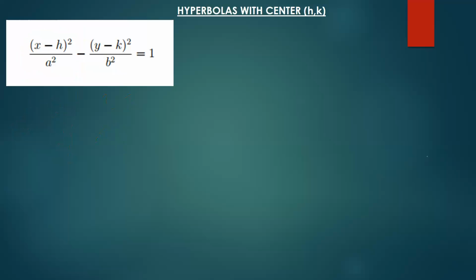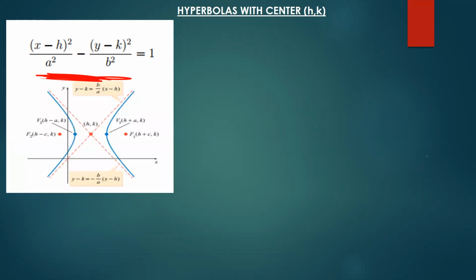Okay. So in case you are told to describe a hyperbola in this format, you find the center, which is going to be h, k, and then you also find the vertices. The focus also has to be found, and the vertex there.